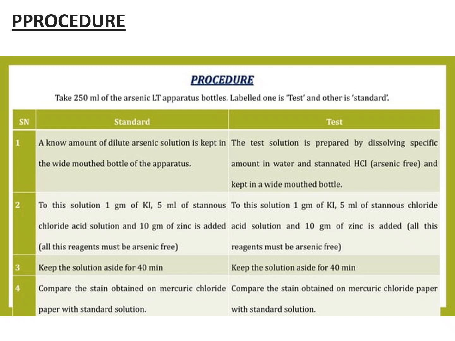Again, in the second step, in both the test and the standard, we add 1 gram of potassium iodide, 5 ml of stannous chloride and 10 gram of zinc. All the reagents must be arsenic free.